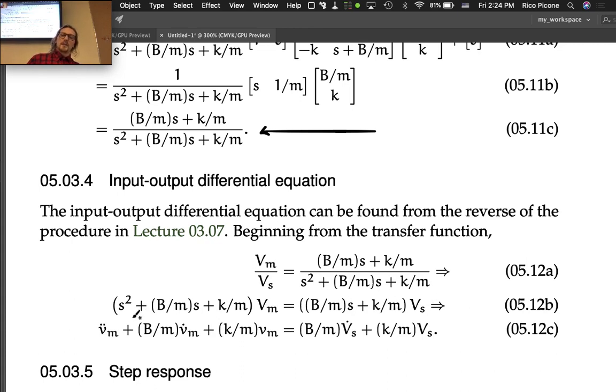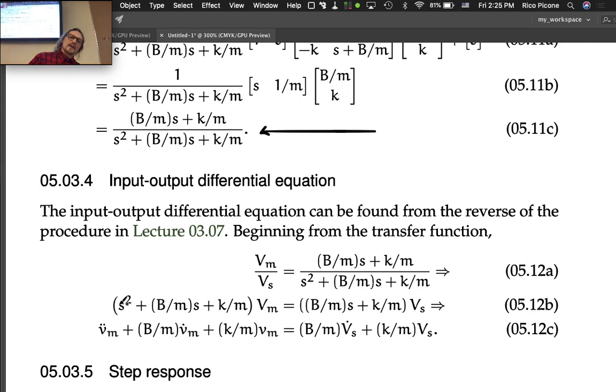And then all we have to remember is that in the time domain, s is the differentiator operator, right? So s becomes a time derivative. So instead of having the Laplace transform of Vm, we have Vm in the time domain, little vm.